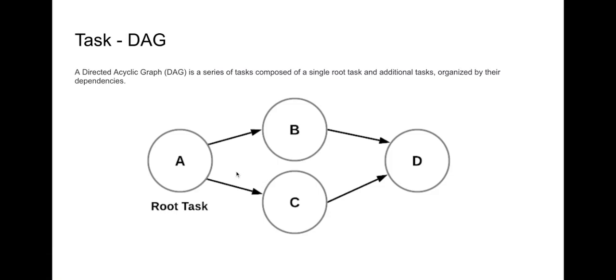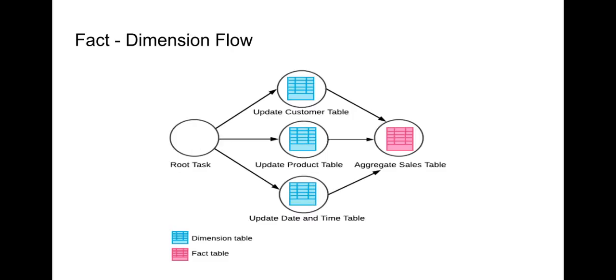After the root task is completed, tasks B and C will be executed in parallel. Once B and C are executed, then task D will start executing. And here is a practical example. We have a dimension task.